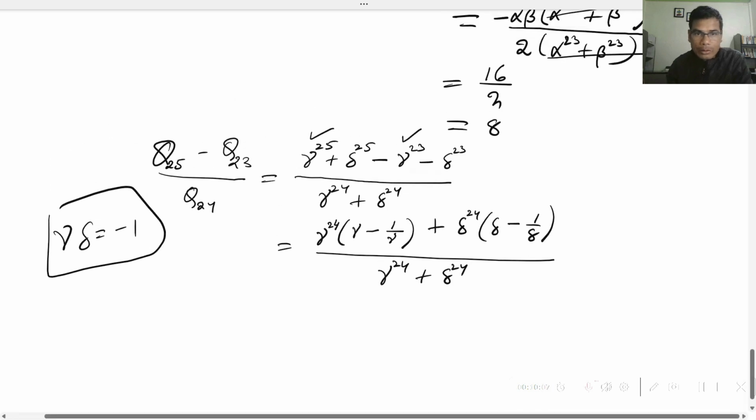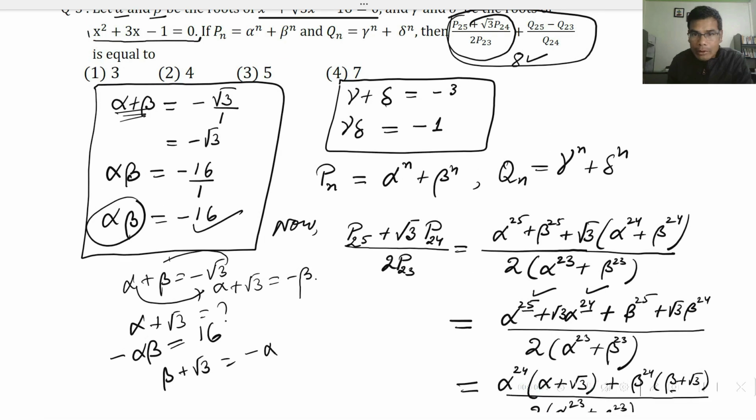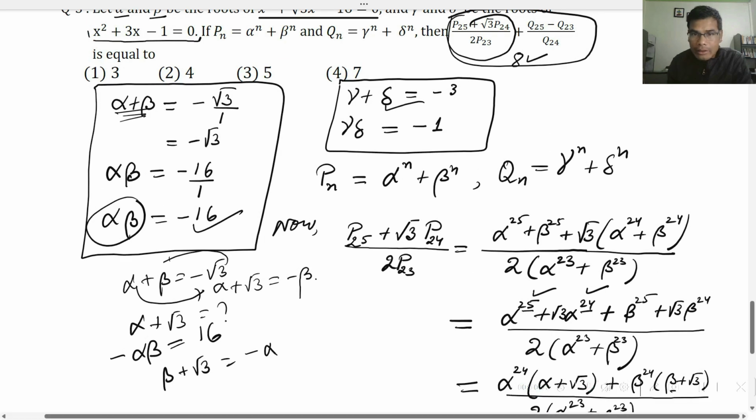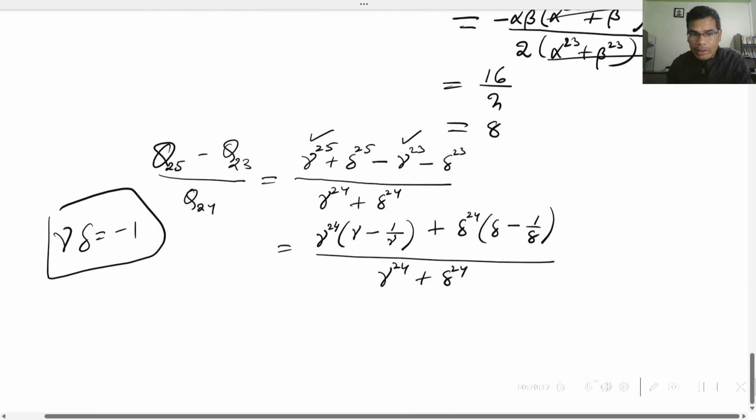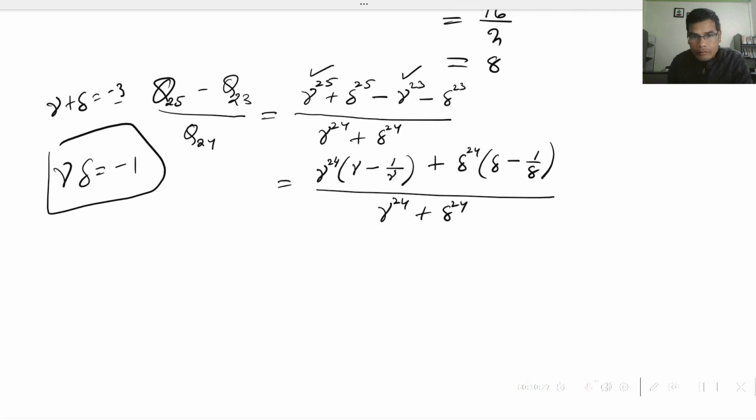So let me show you here. Gamma plus delta is minus 3, and gamma into delta is minus 1. Let me write here in case we need it. So this is minus 3. Now this is equal to gamma to the power 24, then gamma.